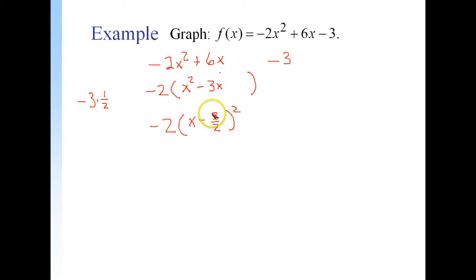Now, what I'm going to do is square this, and that's going to give me a positive 9/4. Now my -3 is still out there, but if I'm adding 9/4 here, I have to subtract 9/4 there. Okay, so I factored this, and this is the first part of my vertex formula.